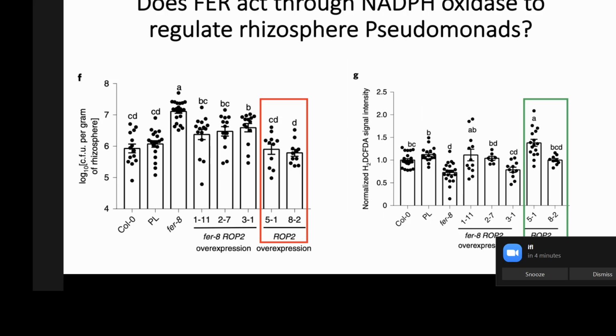That's why they're doing the comparison of FAIR8 versus the other one, because you're showing that ROP2 partially compensates for the loss of FAIR8. You lose the signaling to activate ROP2, but if you overexpress it, you partially recover that. So I think that the comparison is what Shanice was saying, the FAIR8 ROP2 versus ROP2. Maybe I'm wrong.